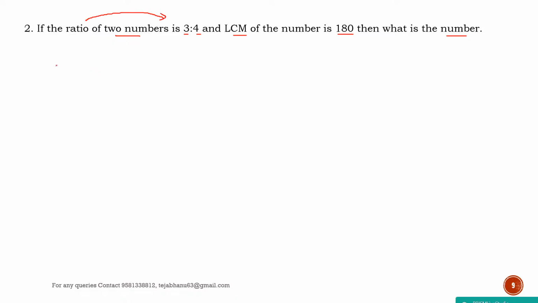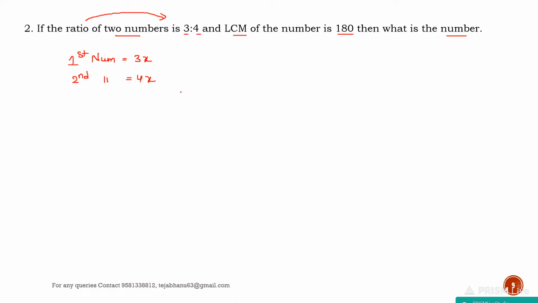That is, if you take the two numbers individually, the first number is 3x and the second number is 4x.